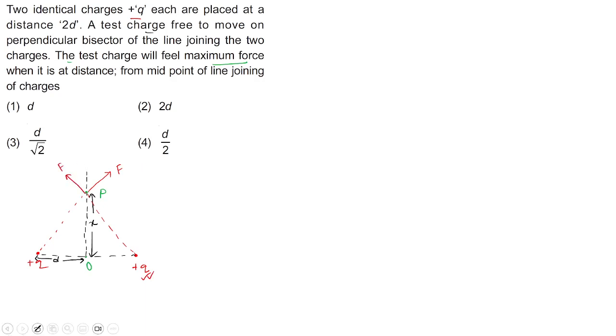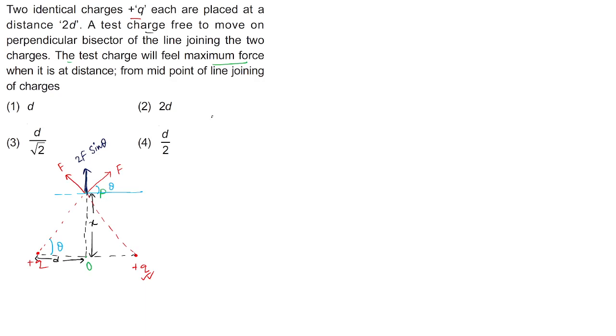If this angle is theta, and we draw a line here, then this will also be theta. The F cos theta components of both forces will cancel out, and the perpendicular components will add up. That is, the net force on the test charge at point P will be 2F sine theta.